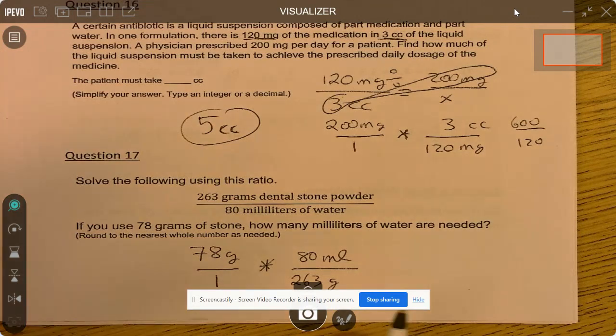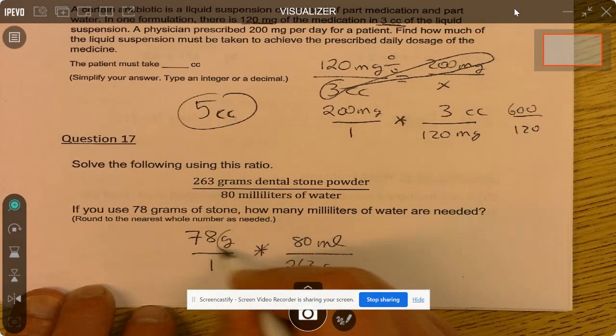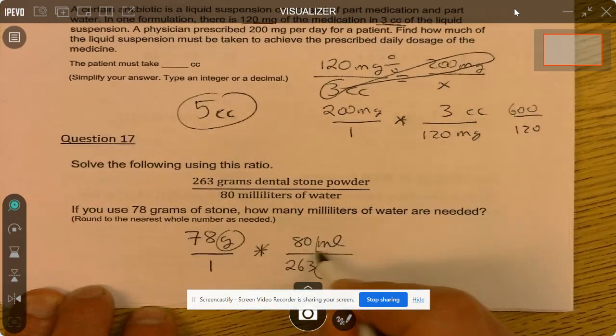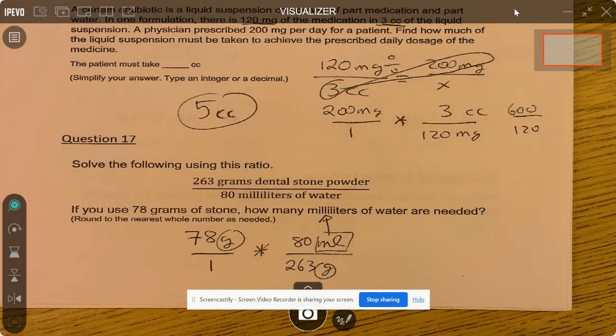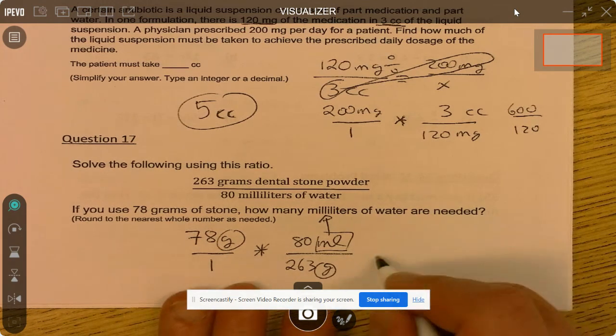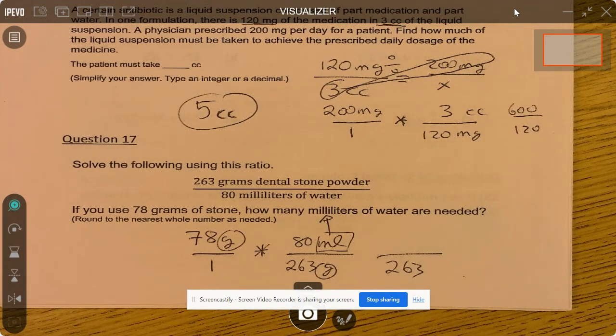If grams are on the top of the first fraction, grams need to go on the bottom of the second fraction. And if I circle gram and gram, the only thing left over is milliliters, which is what I was looking for. And then by this multiplication, I need to do the top times the top and the bottom times the bottom. And the answer should come out to be something in the 6,000s here.